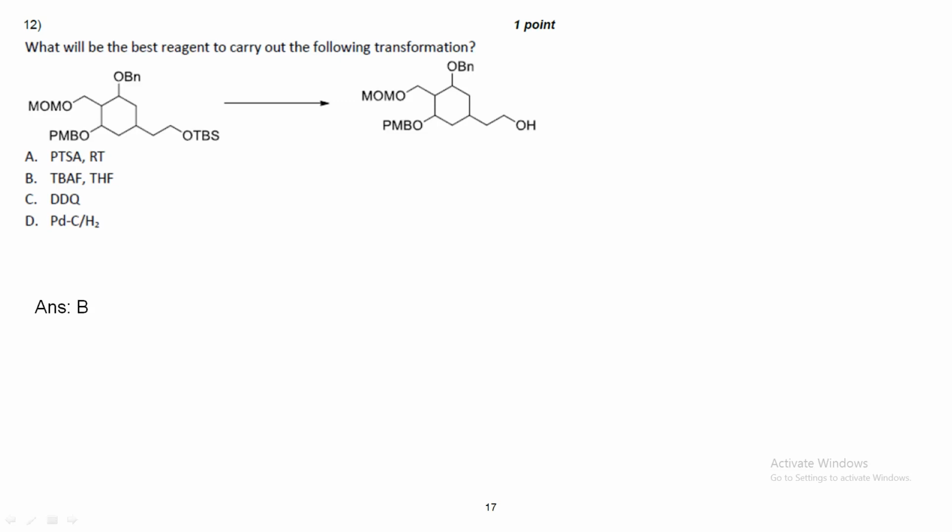Now to carry out this particular transformation, what should be the right reagent? Let's look at the protection groups first. Bn, all of you know, is benzyl. MOM is this kind of thing.